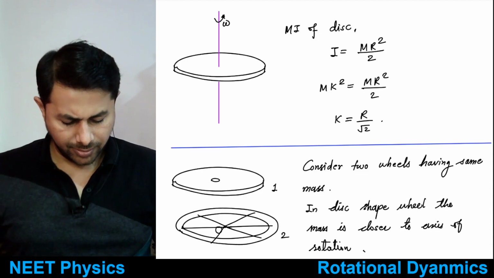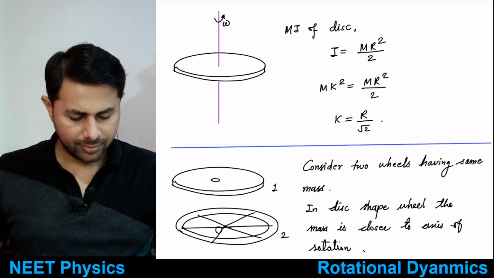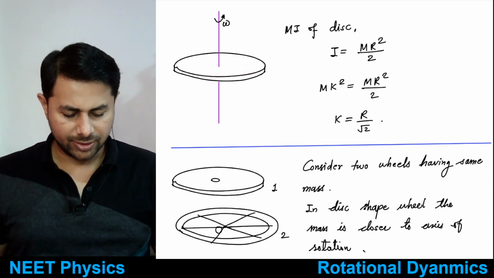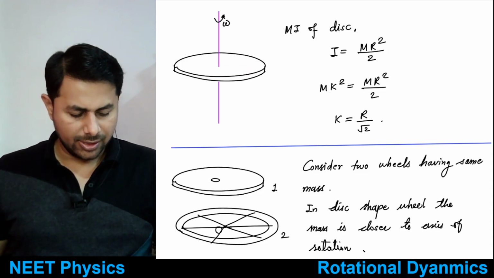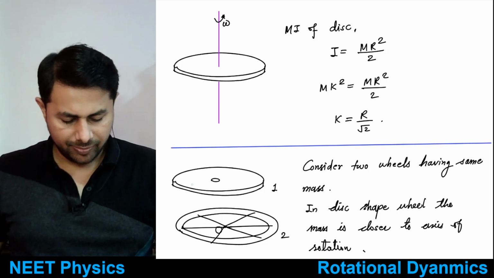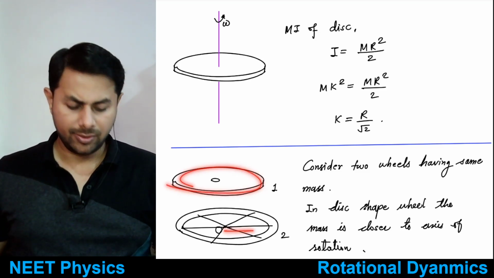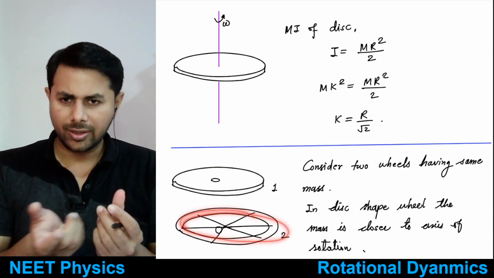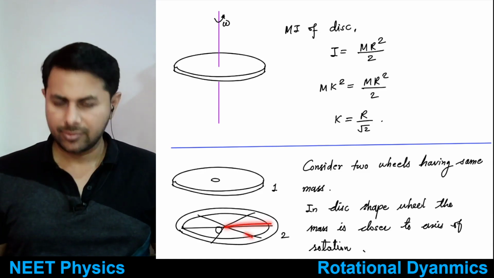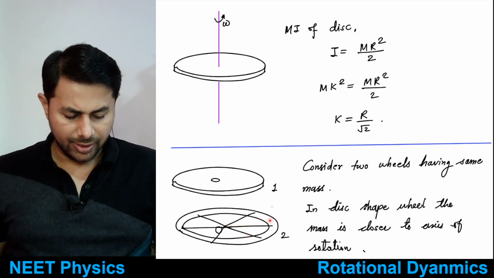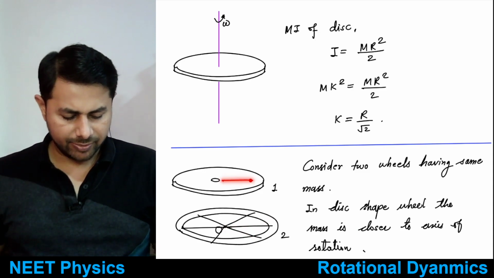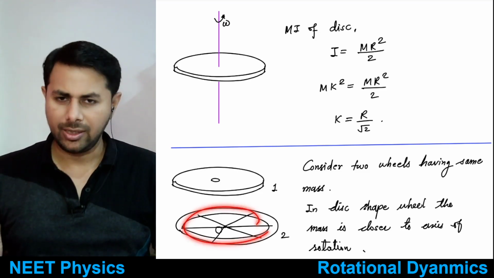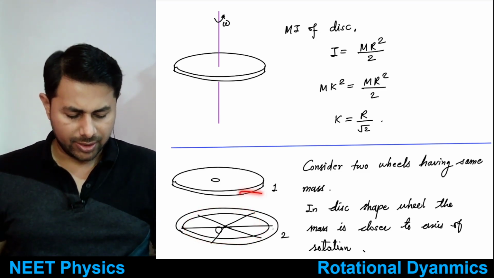Okay. Good. Then now what is the significance of the radius of gyration? So now you can consider these two wheels. One is a solid wheel and one is this usual wheel with spokes, right? Suppose the radius of the disc-shaped wheel and the ring-shaped wheel having spokes is equal.